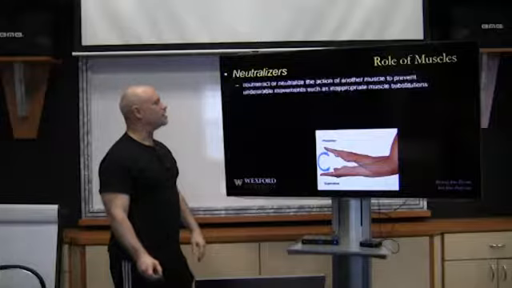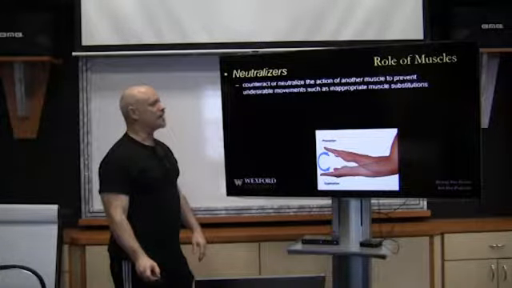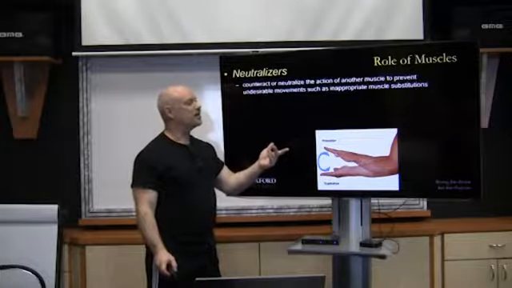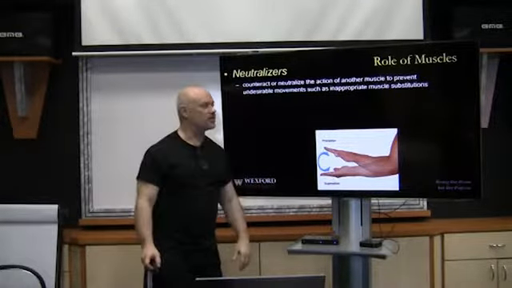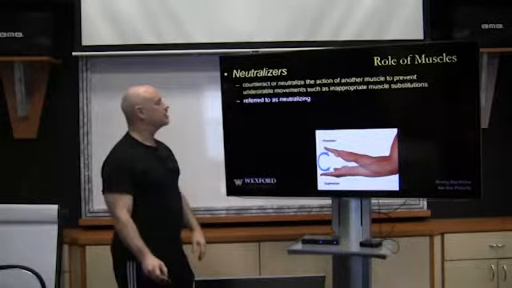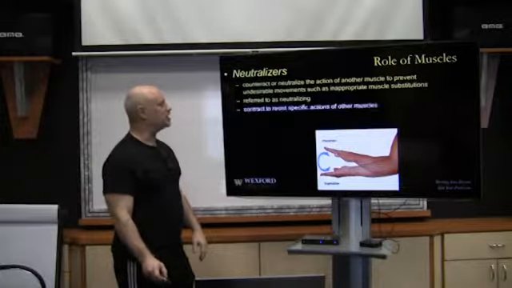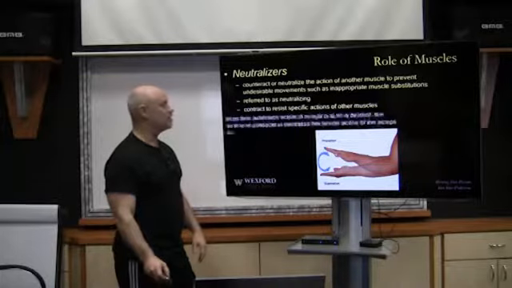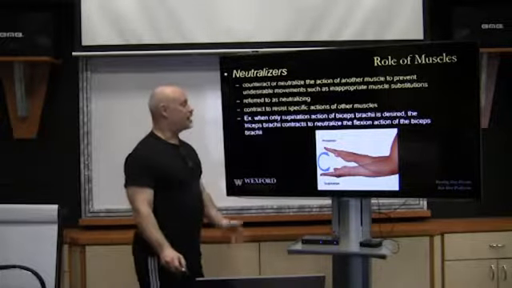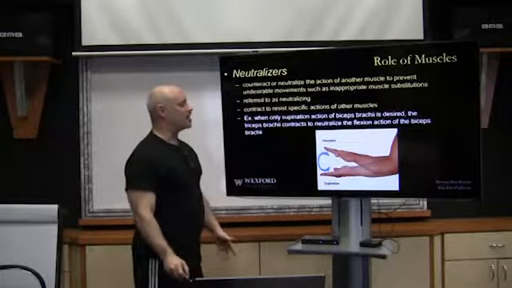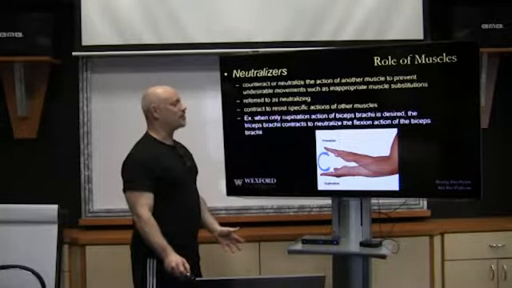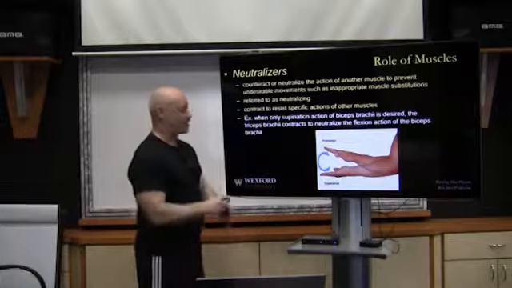Now, neutralizers counteract and neutralize the action of another muscle to prevent undesirable movements such as inappropriate muscle substitutions, referred to as neutralizing. They contract to resist specific actions of other muscles. Okay, so when only the supination action of the biceps brachii is desired, the triceps brachii will neutralize the flexion action of the bicep.